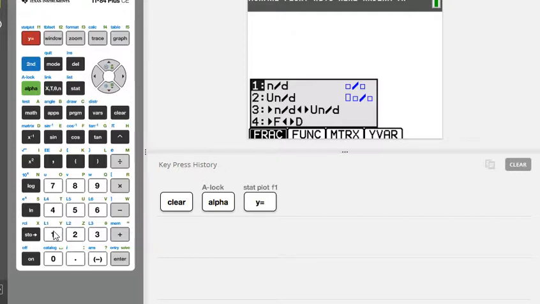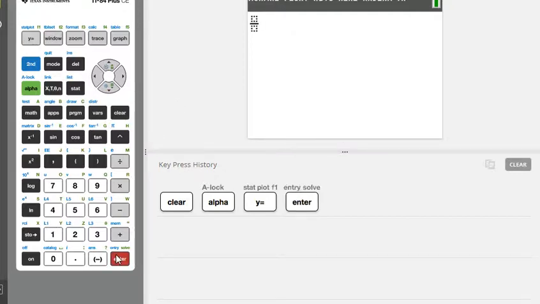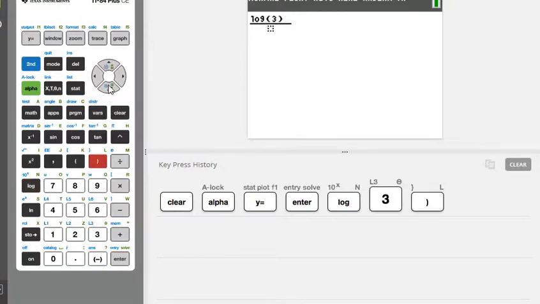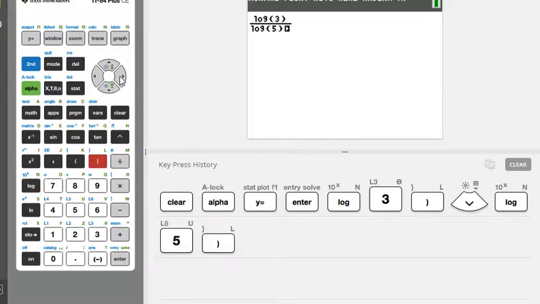So you can either type the number 1 or press enter. And wow, cool, now I can do a fraction, just the way we write it on our paper. So I want the log of 3, and just out of habit, I'm going to close my parentheses there. Log of 3, use the down arrow, and then log of 5. And then the right arrow will exit that fraction.